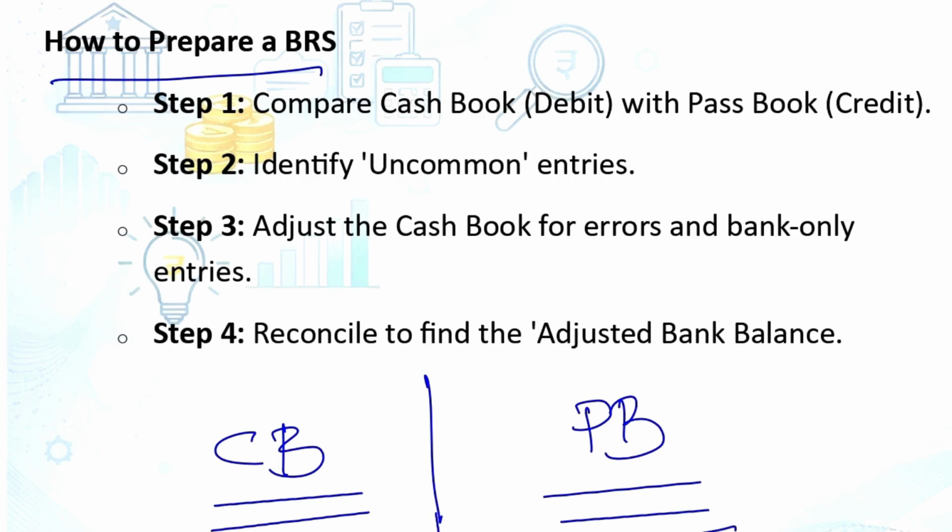Both should match. If you observe any extra entry, there might be bank charges or credit interest for your savings account. You have to reconcile those with your cash book.